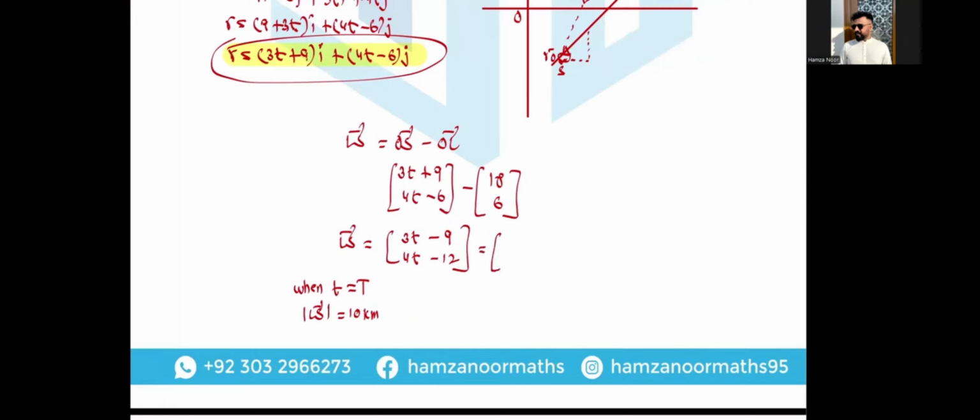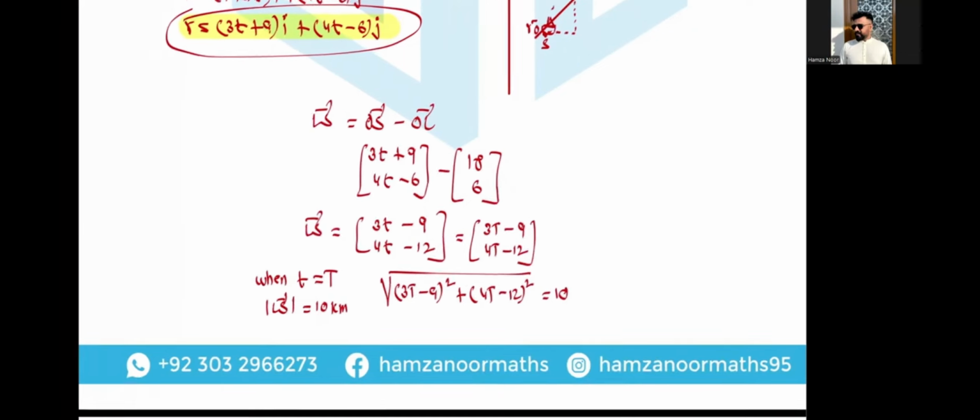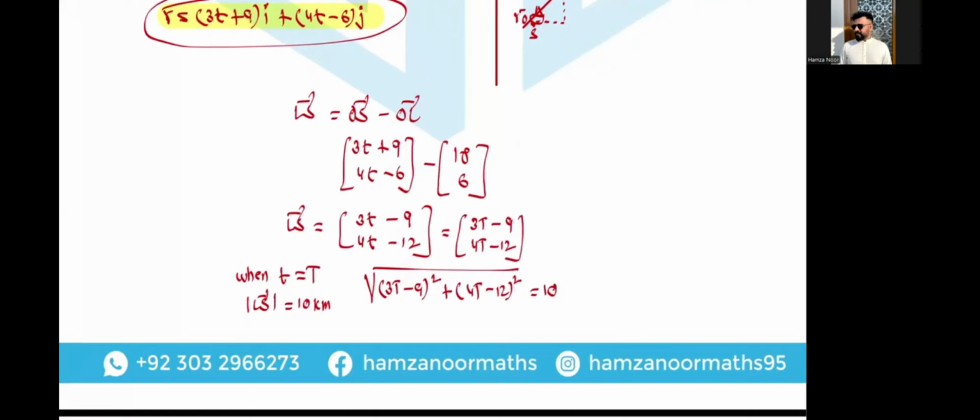In place of t, we write capital T. So the i component is 3T minus 9 and the j component is 4T minus 12. The magnitude of this vector is the square root of (3T minus 9) squared plus (4T minus 12) squared, and this is equal to 10 kilometers. Now we take the square on both sides. So (3T minus 9) squared plus (4T minus 12) squared is equal to 100.